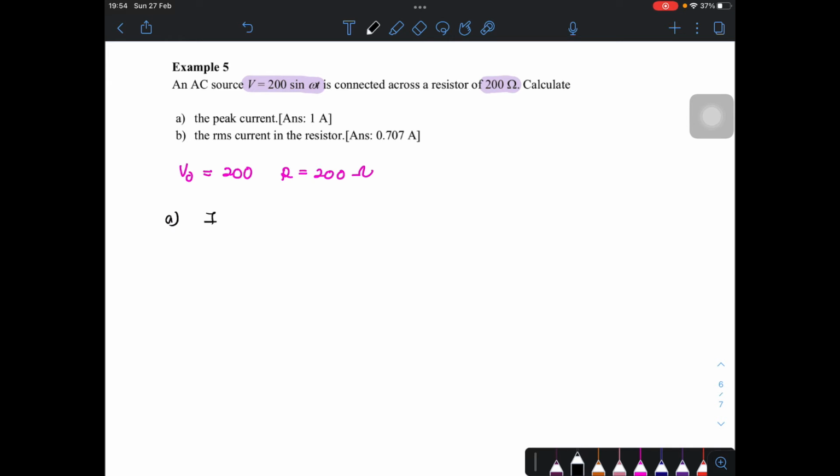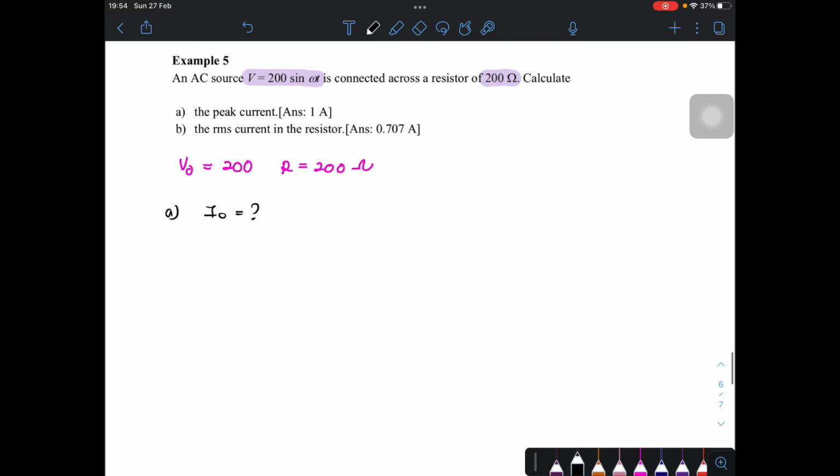First, we need to find the peak current. We know this is the formula that we know just now. In order to find the peak current, we need to find the IRMS. But we are only given V naught and the value for resistance. So from here, you can actually guess that we can use Ohm's law, di mana Ohm's law adalah V is equal to IR.